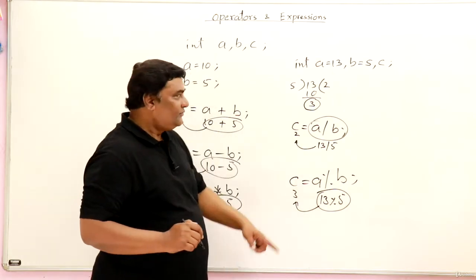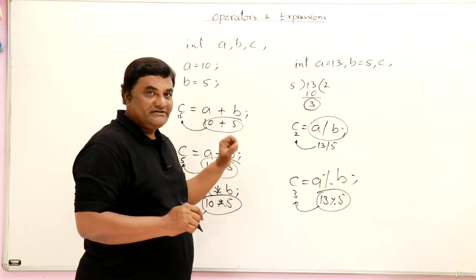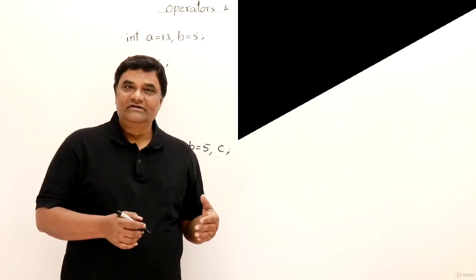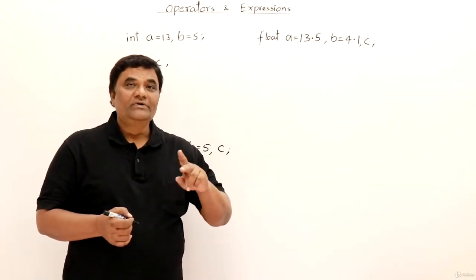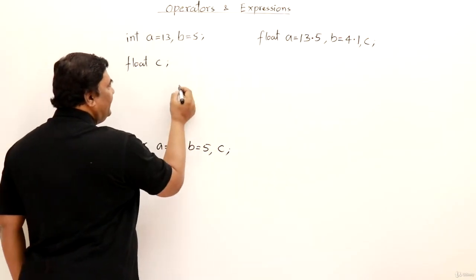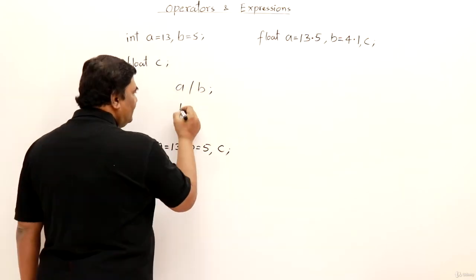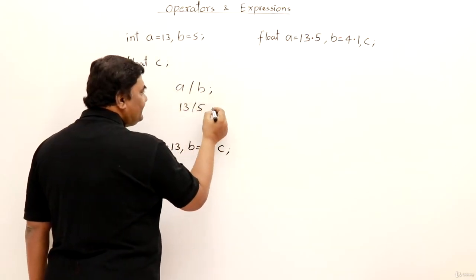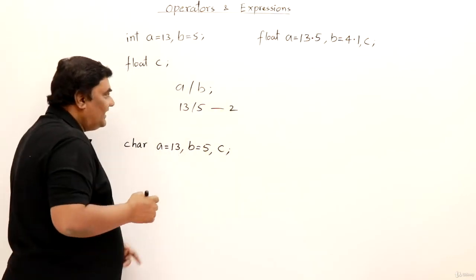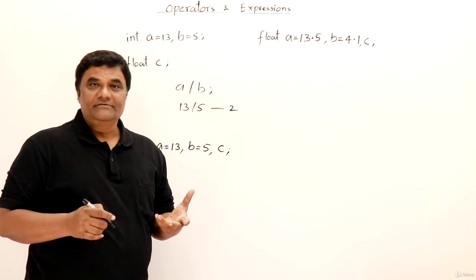Now next I will show you, if you want a float result, then what you should do. So I will remove this and show you. Now let us see how to get the floating point result if two integers are divided. See, already we have seen we want to divide a and b, as a and b are both integer type. So 13 divided by 5, this gives the result as 2. Actual division gives result 2.6, that is float.